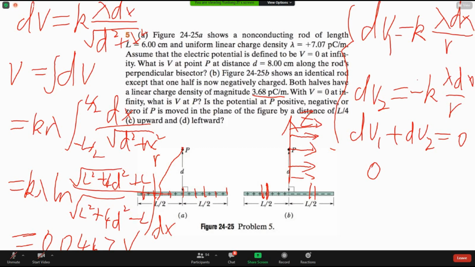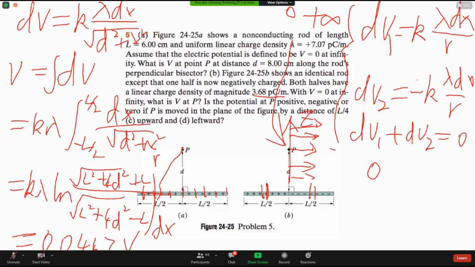That means if you move a test point charge from infinite location to the P, you can move it just along the z-axis, right? And when it is along the z-axis, its moving direction is always perpendicular to the electrical field.